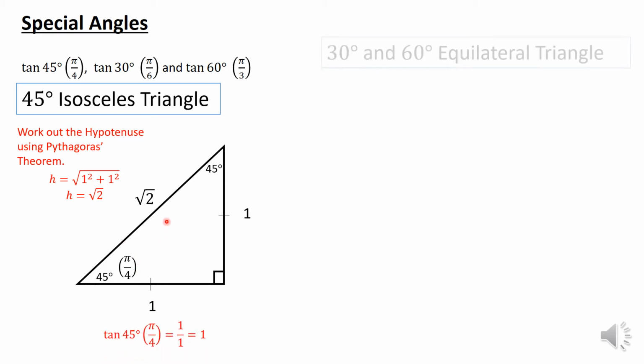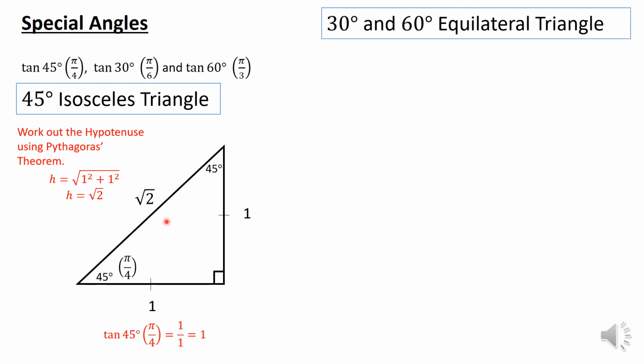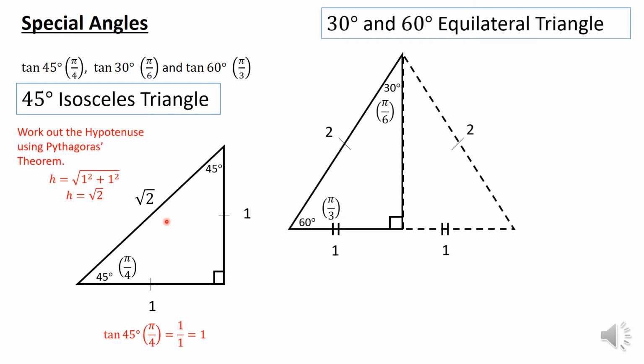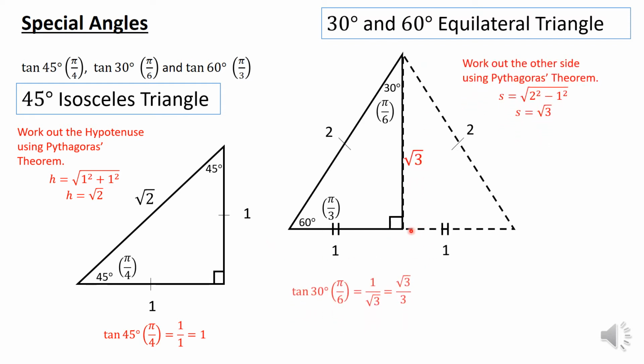Then the 30 and 60 equilateral triangle that I was using in the previous videos and also use here again, finding that height of root 3, you can now find the tangent of 30 degrees. Tangent is obviously always opposite over adjacent. In this particular case, it's 1 upon root 3, which is the adjacent, or root 3 over 3 if you rationalize the denominator.